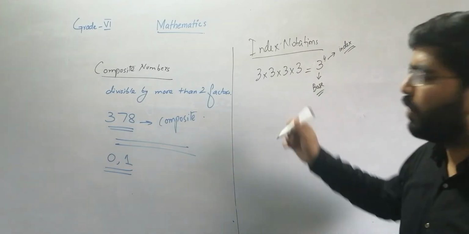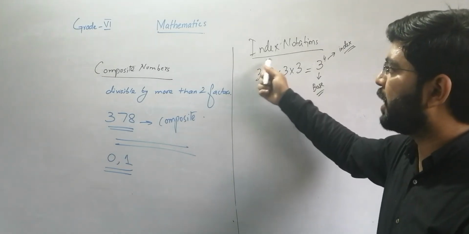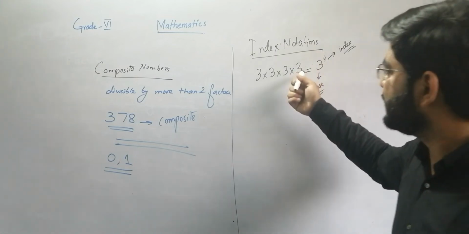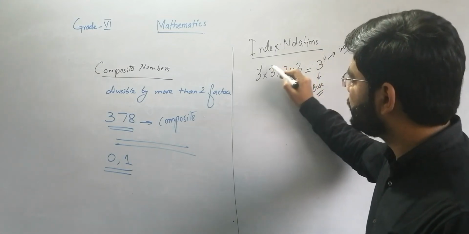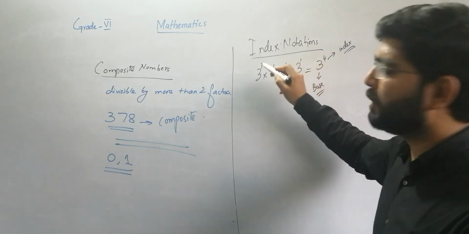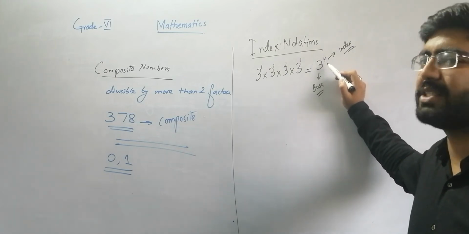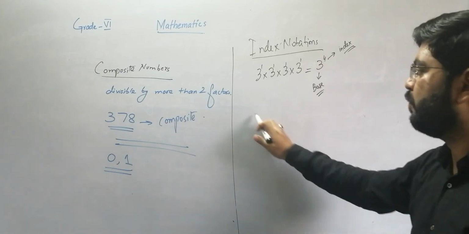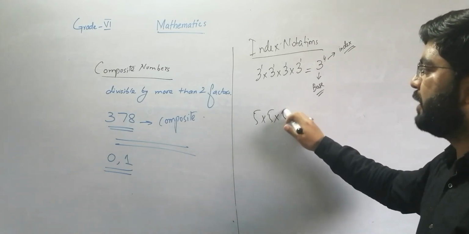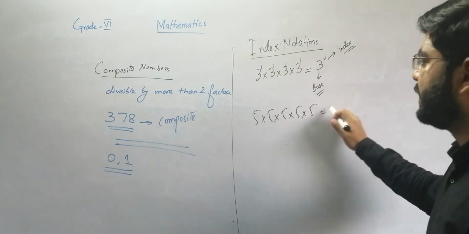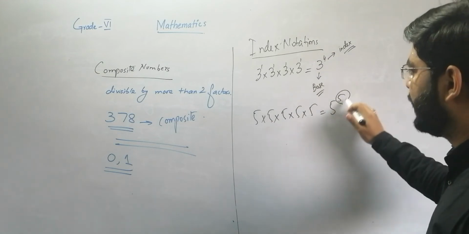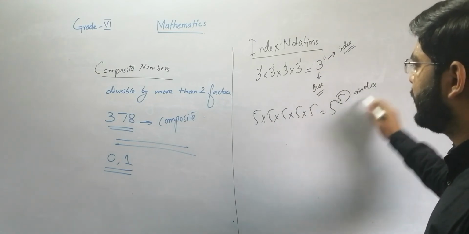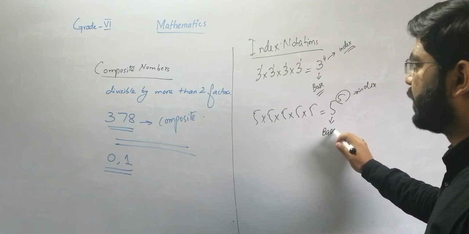Base is written 4 times, so the powers add up to form power 4, which is called the index. This form is called index notation. When 5 is multiplied 5 times, it can be written as 5 raised to power 5, where the index is 5 and the base is also 5.